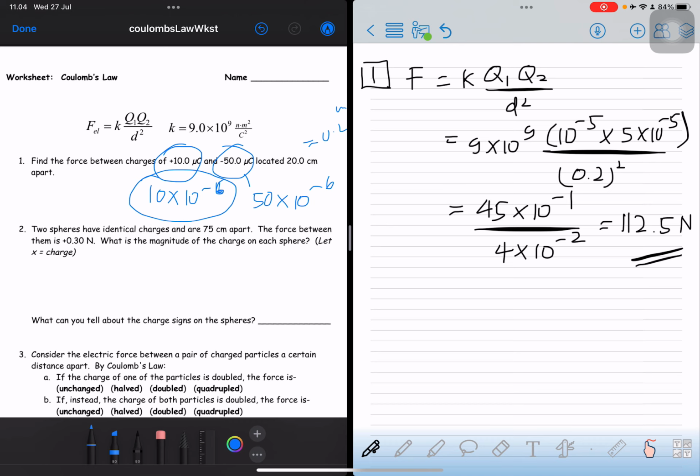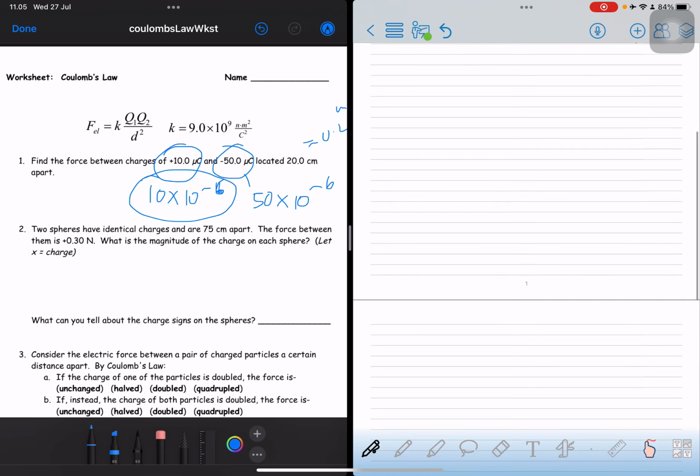Question 2. Two spheres with identical charge are 75 centimeters apart. The force between them is 0.30 Newton. What is the magnitude of the charge on each sphere?